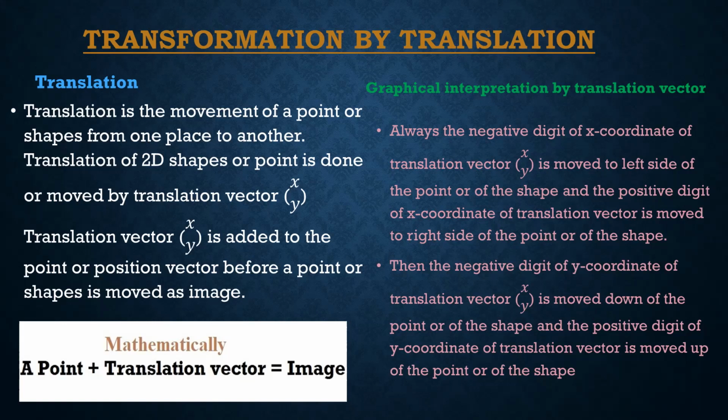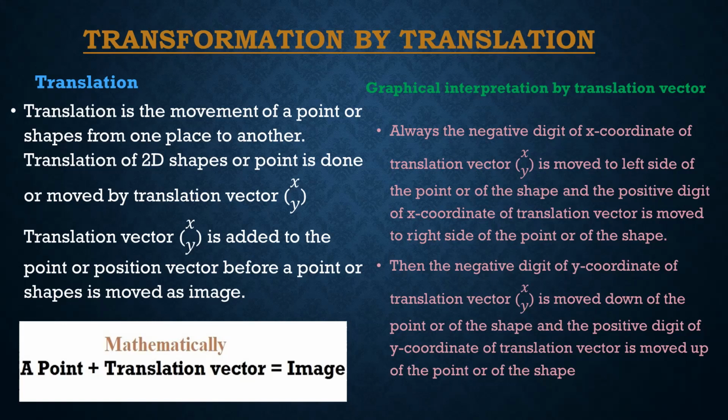So to find the negative of x, we always move to the left, and to find the positive of x, you always move to the right of the object, counting steps from the object or shape.